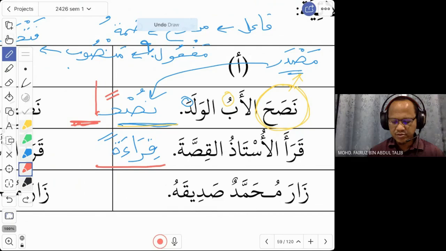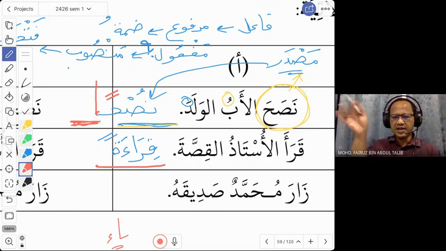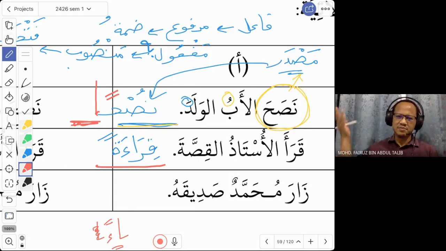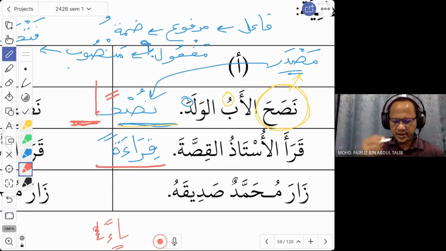But other than ta marbuta, yes, you will see that alif. So no alif for ta marbuta and no alif for hamzah. If you have alif and hamzah, and it ends with the tanwin, there is no need to add alif as well. Only for these two conditions you don't need to add alif. Other than that, ba, ban, you have alif. Ta, tan, the normal ta, you add alif. Lam, you add alif. This is only the spelling part of it.